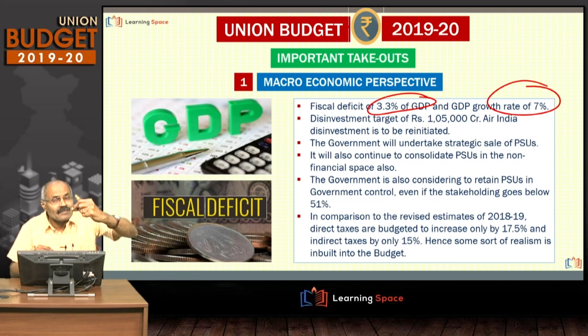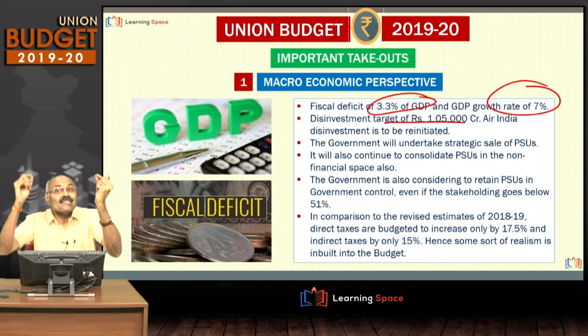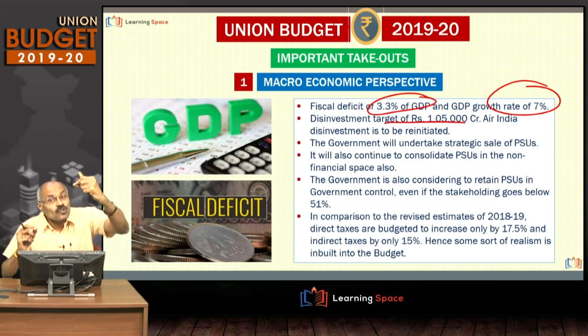Friends, another important aspect is the disinvestment target. The disinvestment target is going to be 1,05,000 crores, but the important aspect is what should be the quality of disinvestment, because government is resorting to one public sector purchasing another public sector. So friends, under these circumstances, the quality of disinvestment is most important.